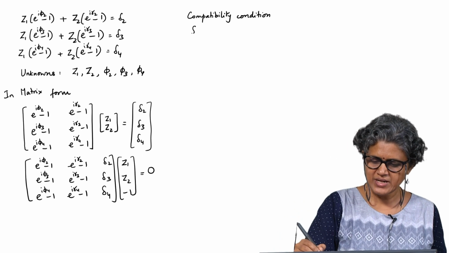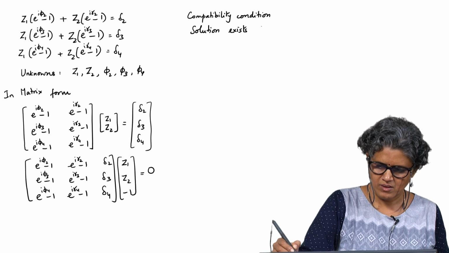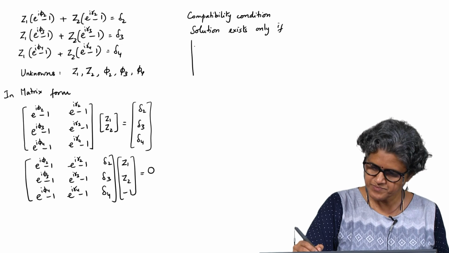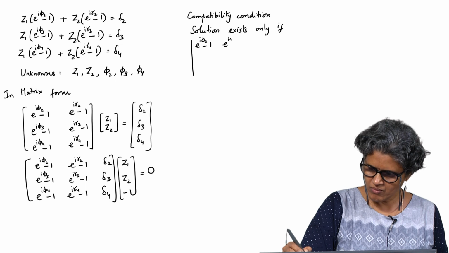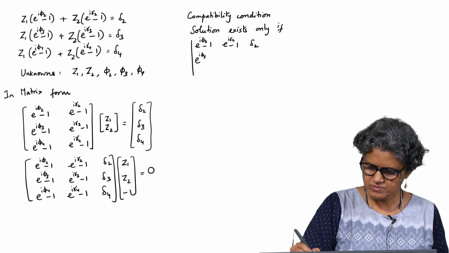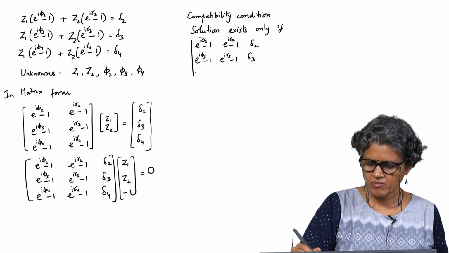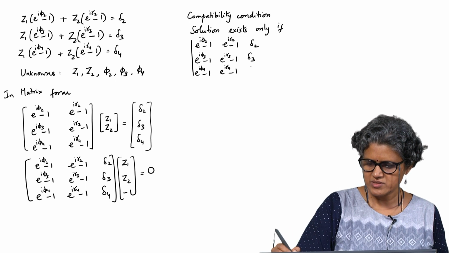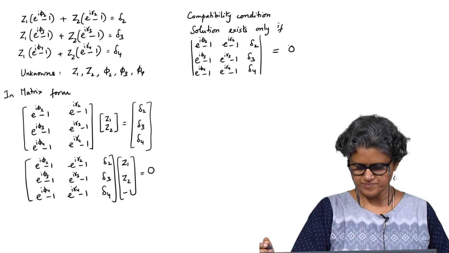So, the solution to that exists only if this determinant minus 1 e power I gamma 4 minus 1 delta 4 equal to 0.